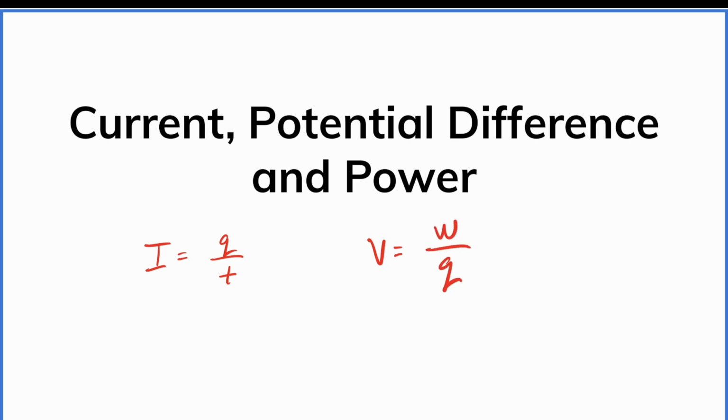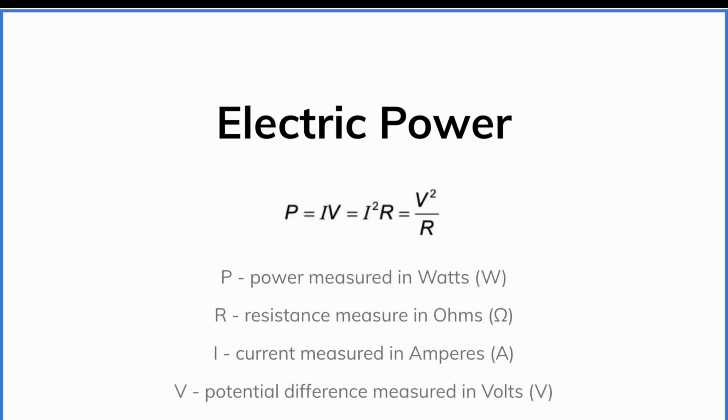If we multiply these two values together, we have IV, so we have charge per unit time multiplied by work per unit charge. We see that the charge will divide out, and we end up with work per unit time, which we know is power. So in other words, power is the multiplication of current and potential difference.